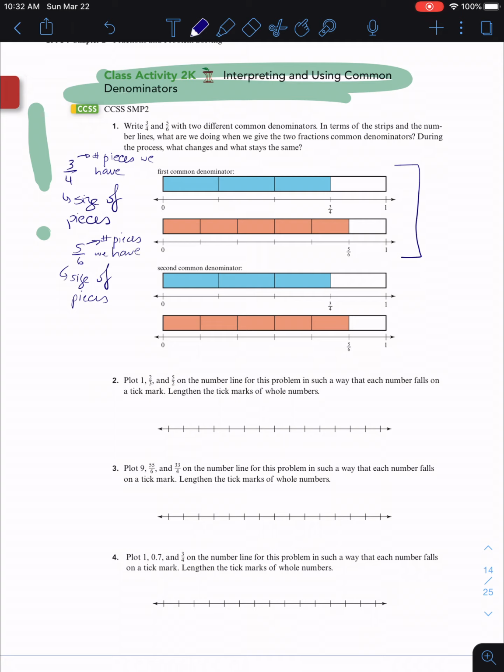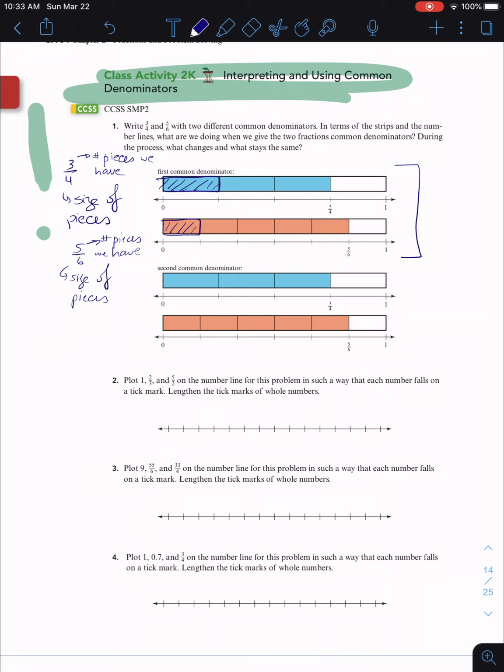So we're comparing some number of fourths with some number of sixths. And that's going to be difficult because they're not the same size at all, so we need to somehow be able to cut those pieces into smaller pieces that we can actually compare. So let's take any number.